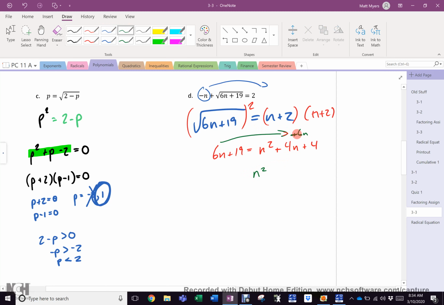Sorry, minus 6. How many n's? Minus 2n. And what is going to happen to that positive 19 when I move it over here? Negative 19 to give me negative 15. And what did I leave over here? 0.